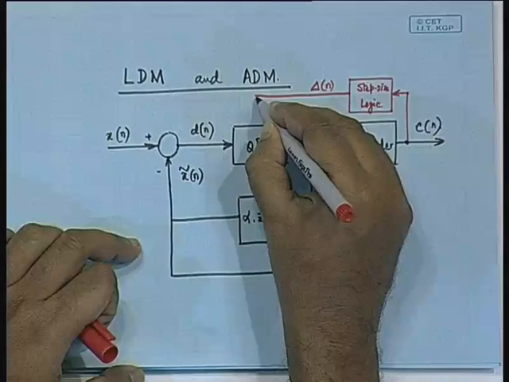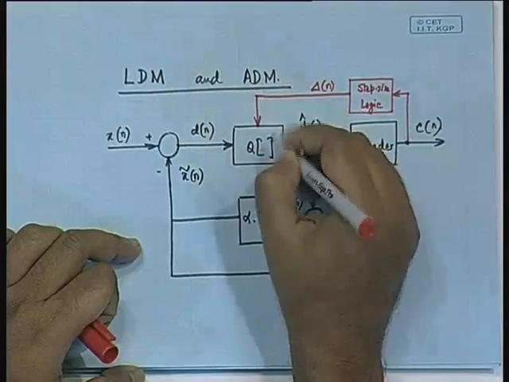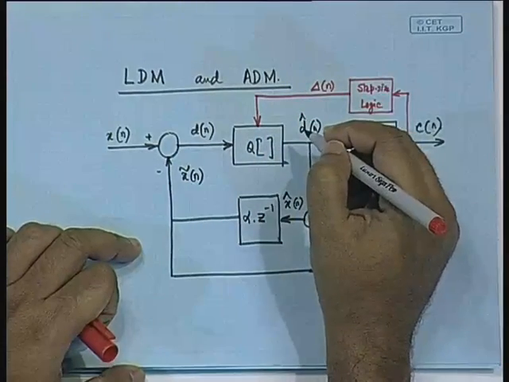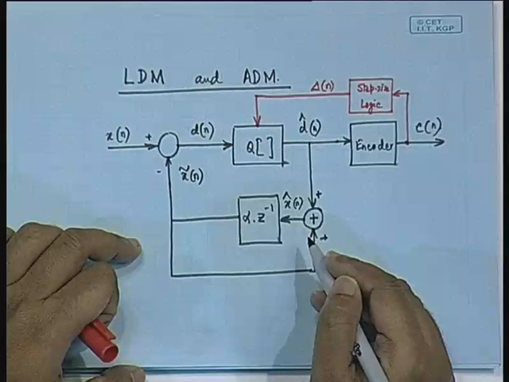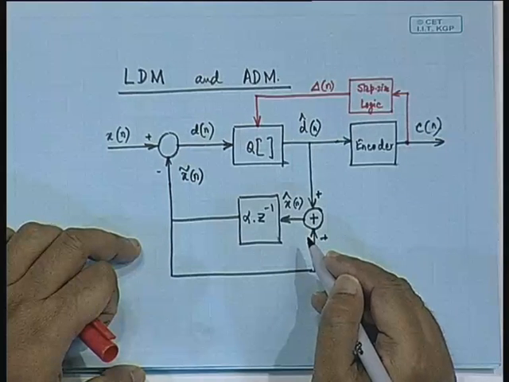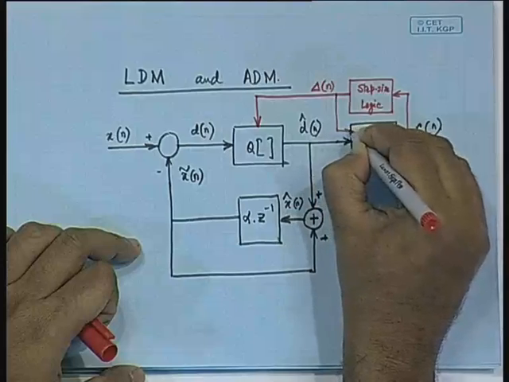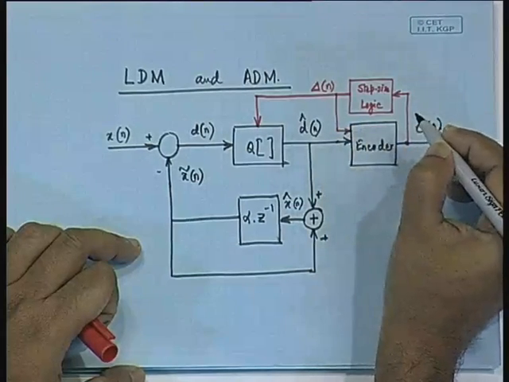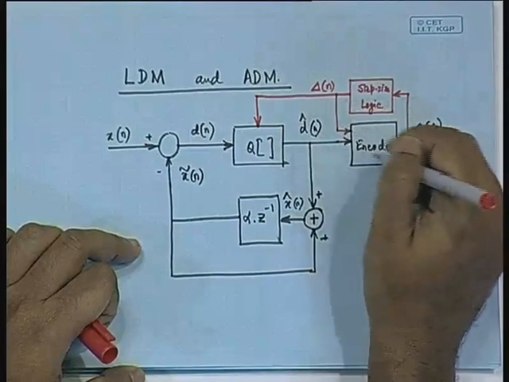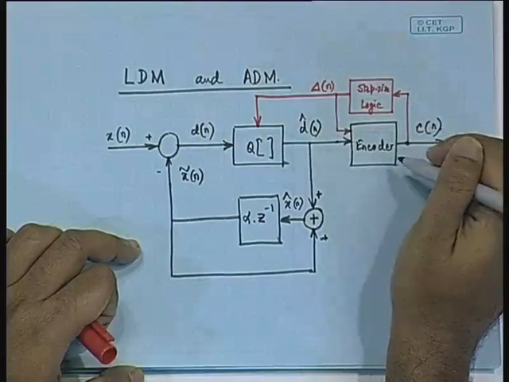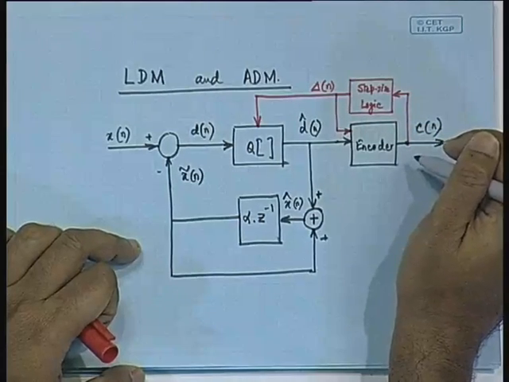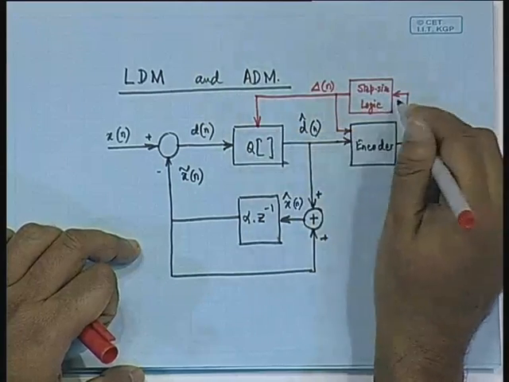So this delta of n is the parameter that we are going to feed to the quantizer, and not only that, this delta n should also dictate the encoder, because in accordance with this delta n, this d cap of n will be decided. So the delta n goes like this.